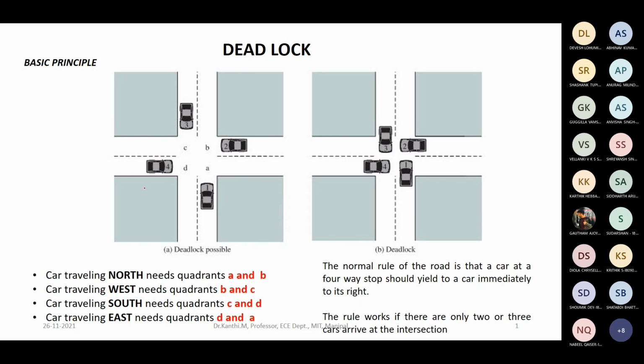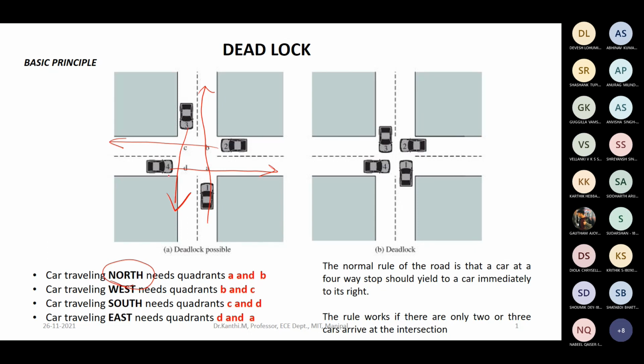Here, the situation is given with quadrants. A car traveling north needs A and B. The car which needs to travel west requires B and C. Similarly for east and for south.